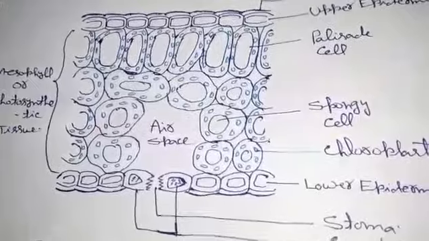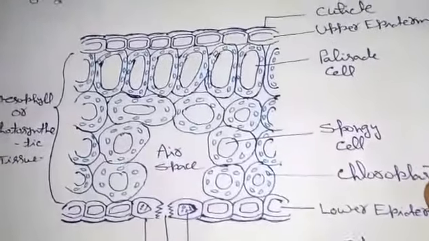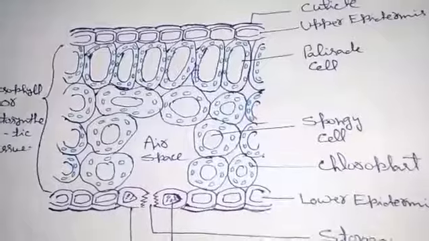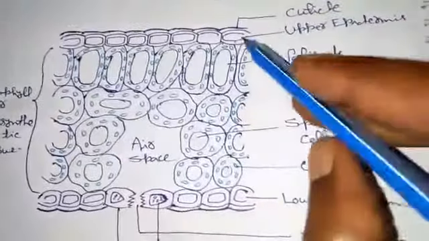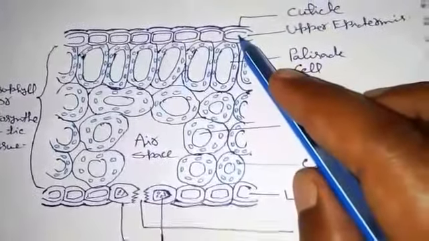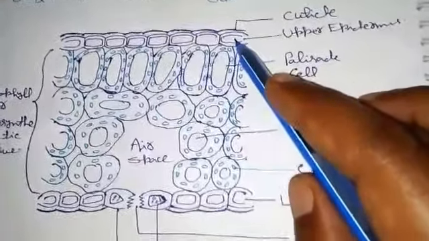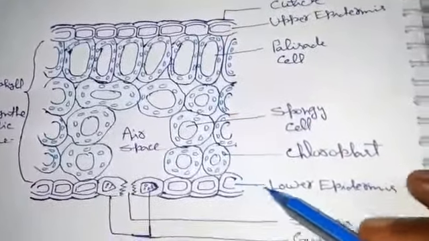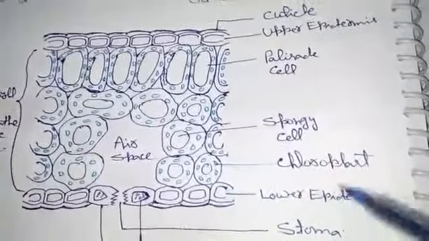When we take a cross section of a leaf, there are different structures we see under the microscope. First is the epidermis. This is called the upper epidermis, and the lower portion is called the lower epidermis.